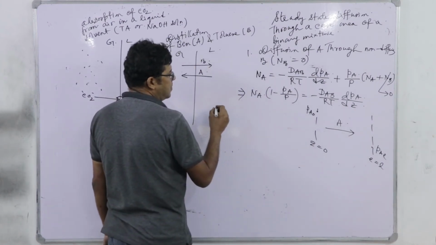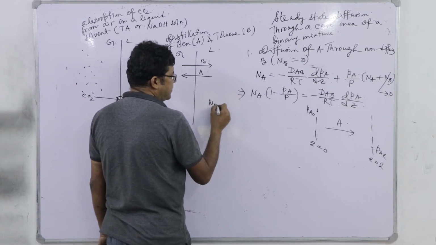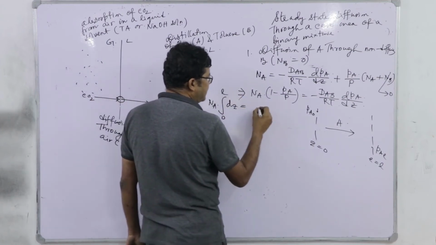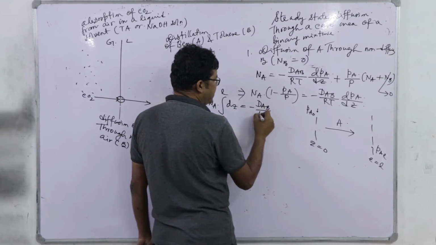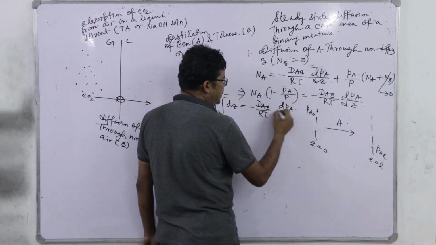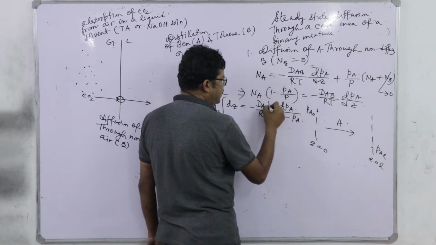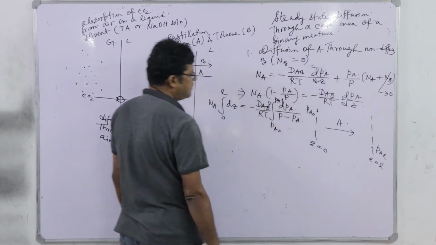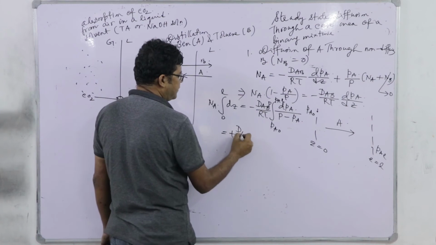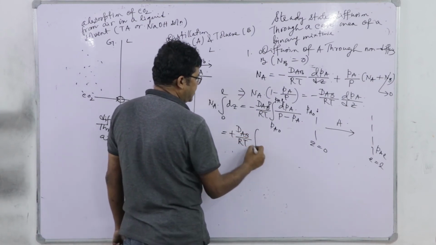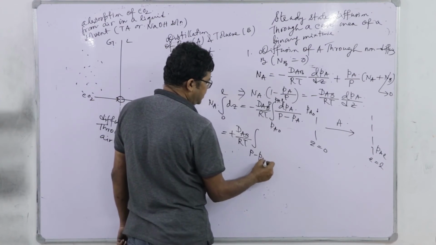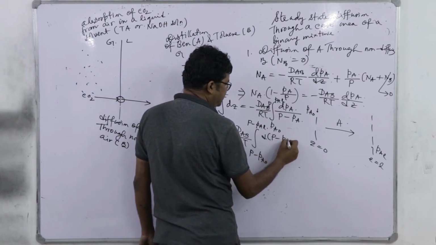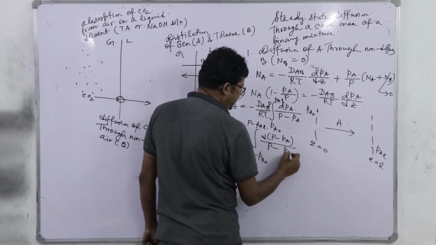So, Na integral dz from 0 to L equals minus of DAB by RT, integral of P dPA over P minus PA, from PA0 to PAL. So, plus of DAB by RT, P times d of P minus PA divided by P minus PA, between P minus PA0 and P minus PAL.